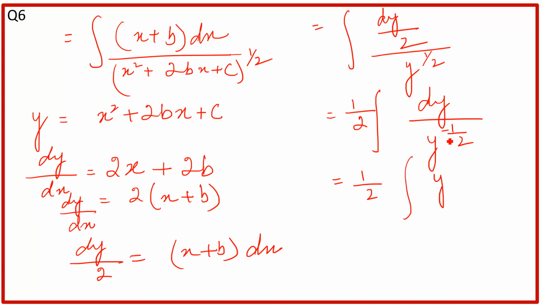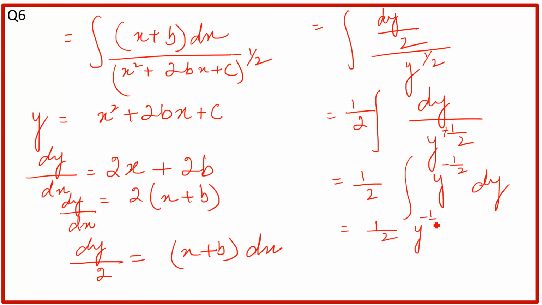Here y is in the denominator with a positive power, so we will take it in the numerator, then the sign will change, dy. So this is our function and the derivative is there, so the integration is very easy.